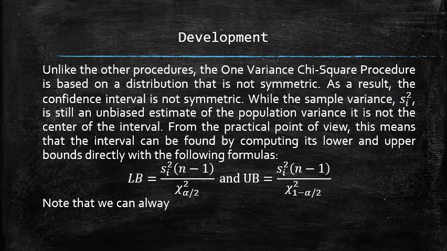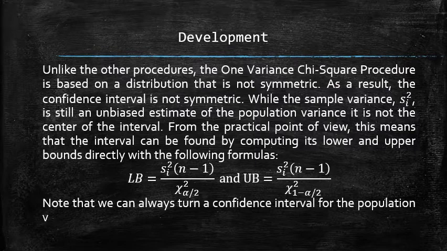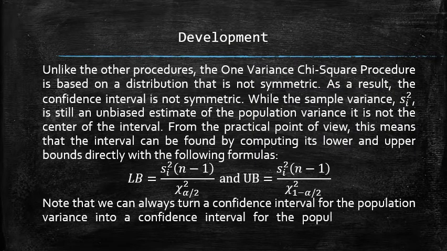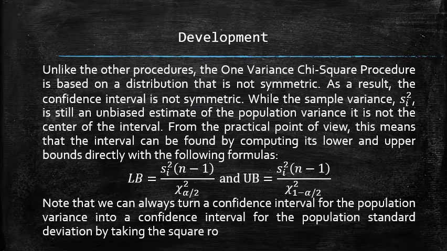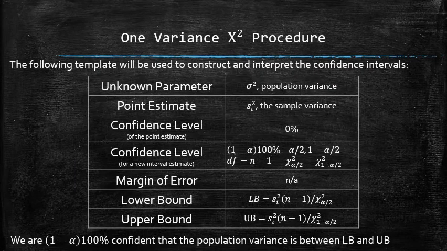Note that we can always turn a confidence interval for the population variance to a confidence interval for the population standard deviation by simply taking the square root of the boundaries. As a result, the following template will be used to construct and interpret the confidence interval for the population variance.